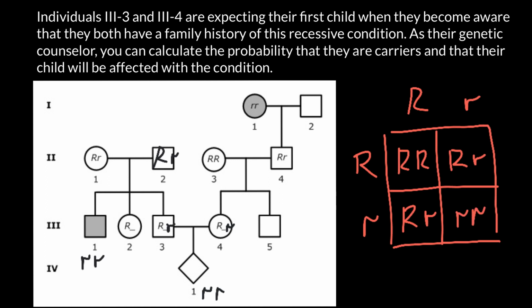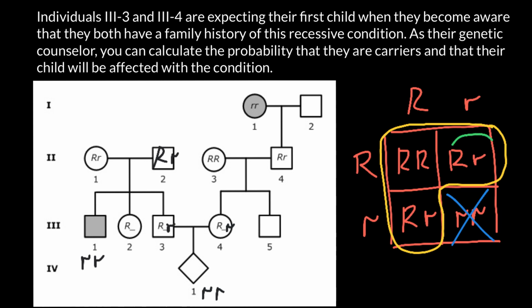We know for sure that this male is not affected, so we can exclude this variant from our calculations. Basically we have to choose the probability for him to be a carrier between these three variants, and as you see, the probability would be 2 out of 3. Not 2 out of 4 once again, but 2 out of 3.